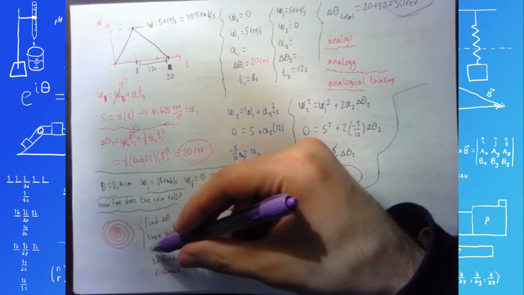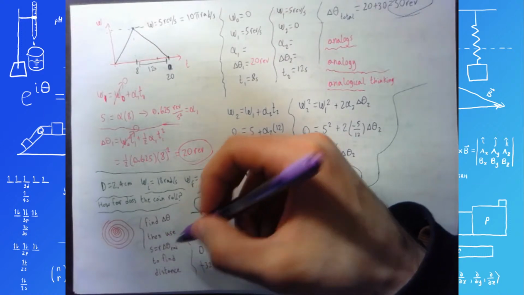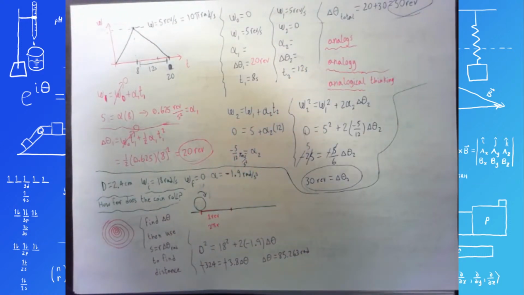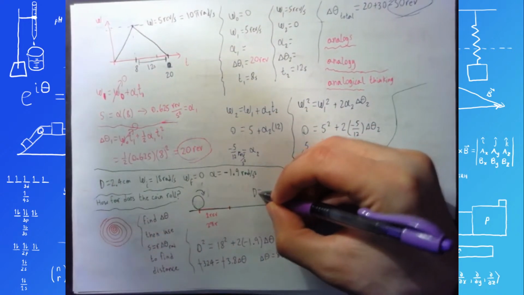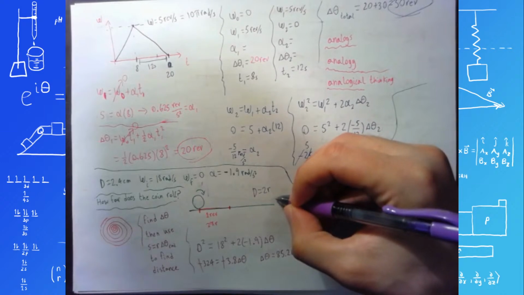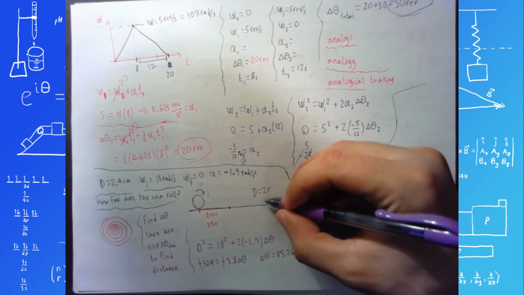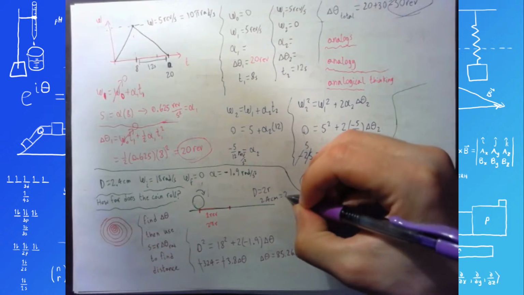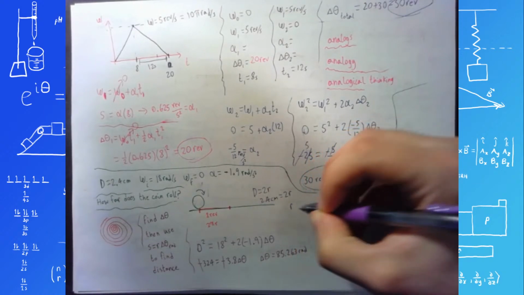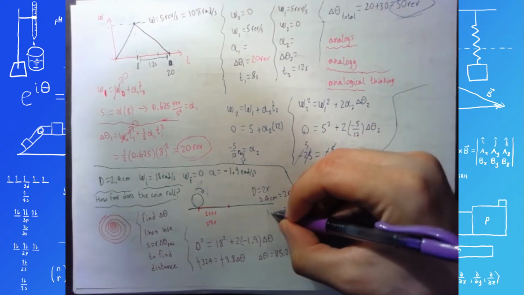And then since arc length is equal to radius times the angle in radians, all we have to do now is multiply by 1.2. If d is equal to 2.4, d is equal to 2r, so r is equal to 1/2 of d, so 2.4 centimeters equals 2r, and r is equal to 1.2 centimeters.